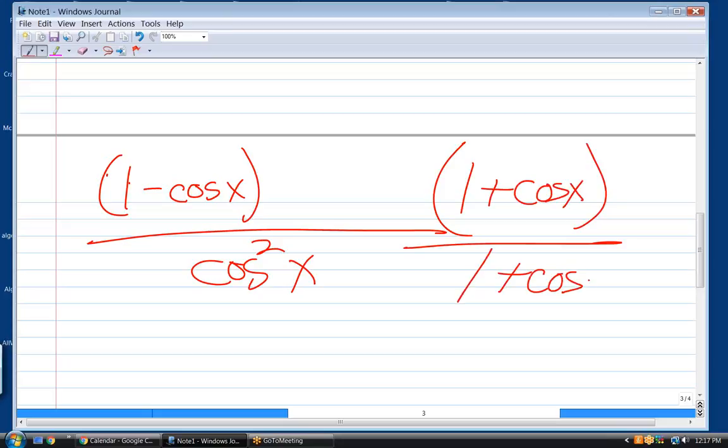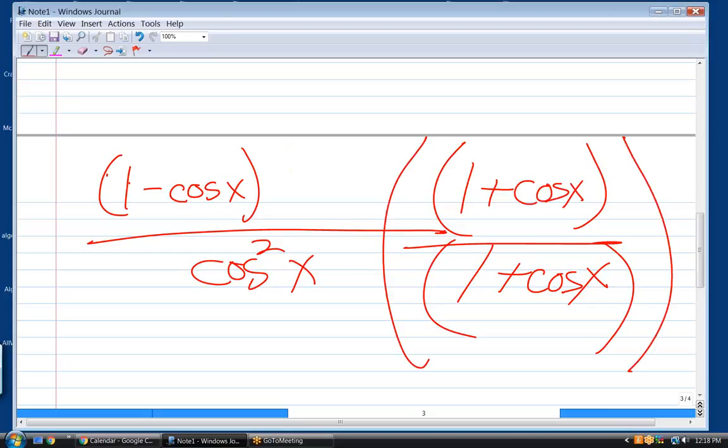You can always multiply top and bottom by the same thing, as all you're doing is multiplying it by 1 when you do that. And now I know that the top is going to turn into 1 minus cosine squared, which is going to turn into sine squared. So this technique is a very common one when you start verifying.